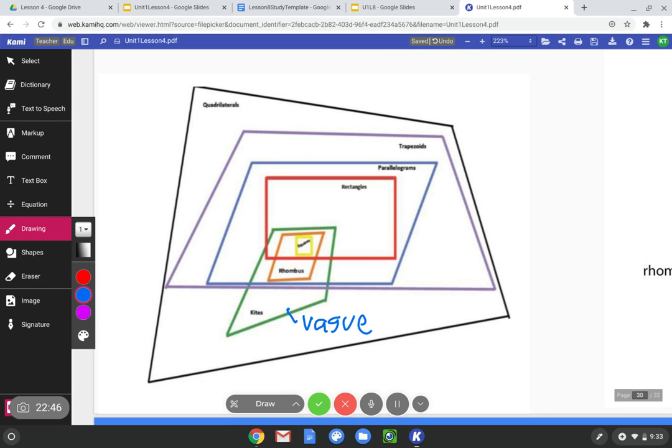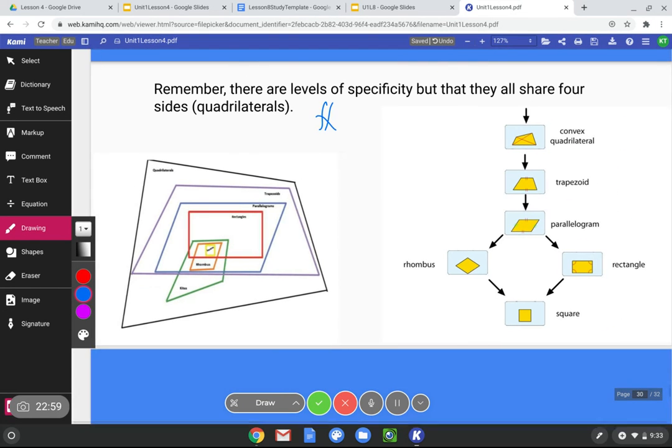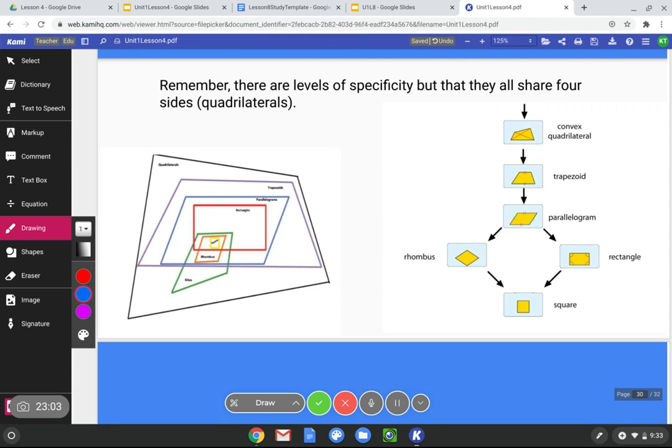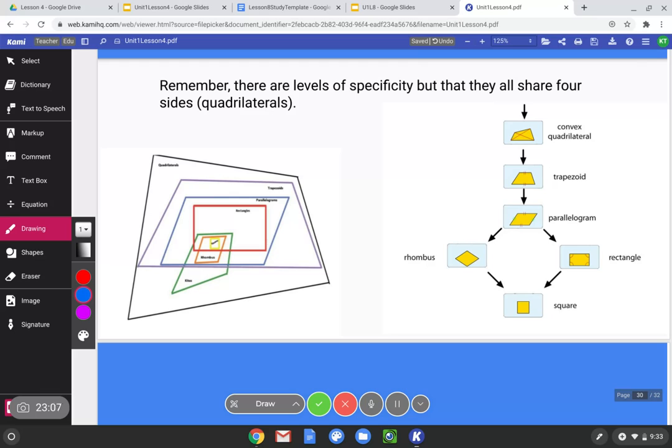And the same with the rhombus. It's floating in between rectangles and parallelograms. It can be vague sometimes too. But if you stick with the rules and the hierarchy, you are going to be safe. So these photos here have the same meaning. They're just displayed in a different way.